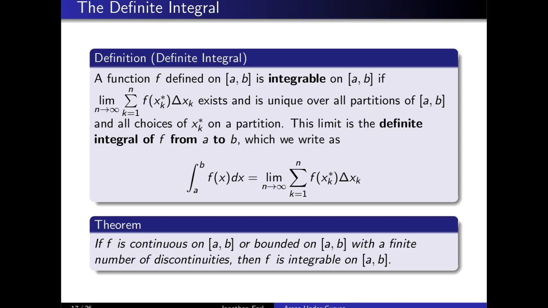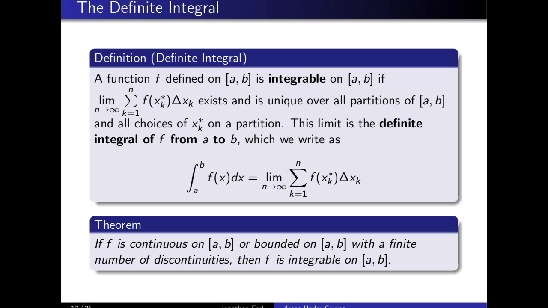Okay, so this will lead us into what's called a definite integral. We'll say that a function f, defined over the closed interval a to b, is integrable over a to b if that area limit, the limit as n goes to infinity of the sum from k equals 1 to n of f of xk star times delta xk, exists and is unique over all partitions of our interval and choices of xk star.